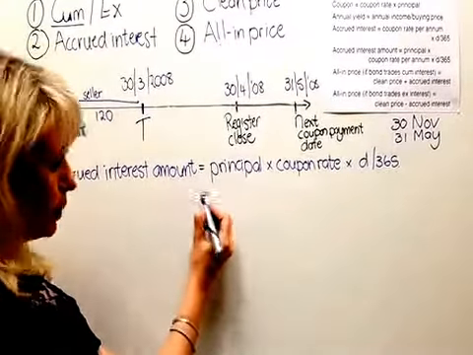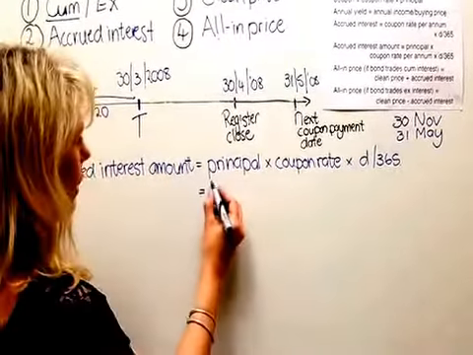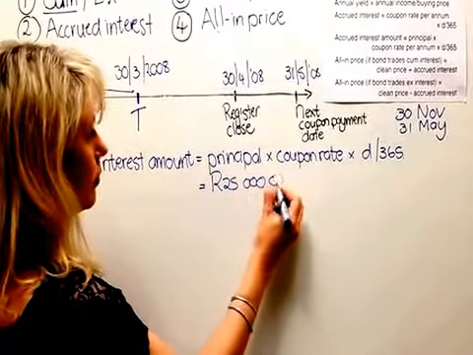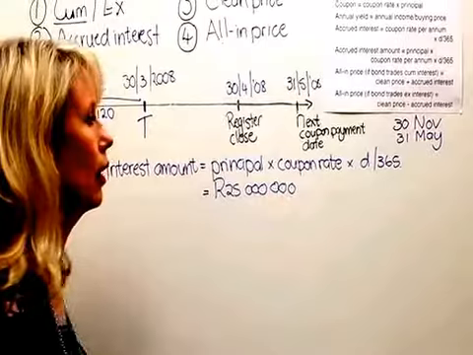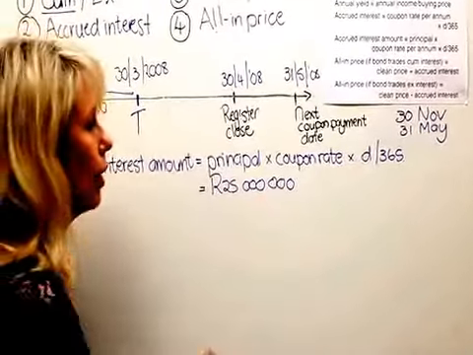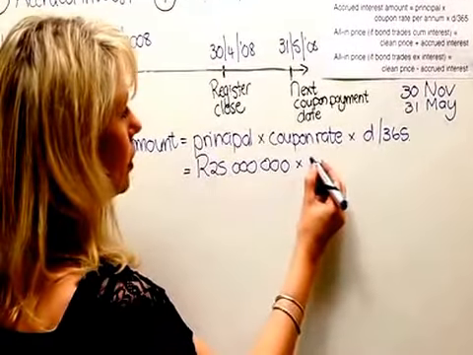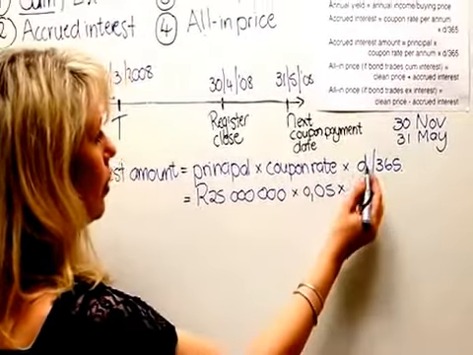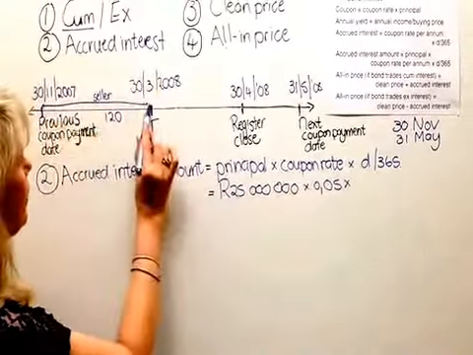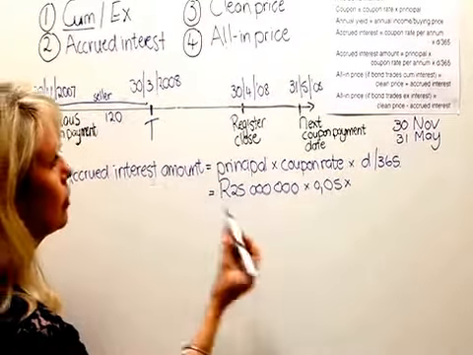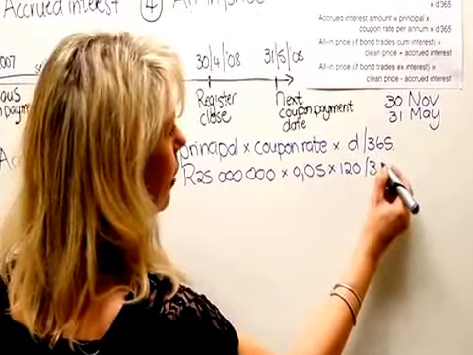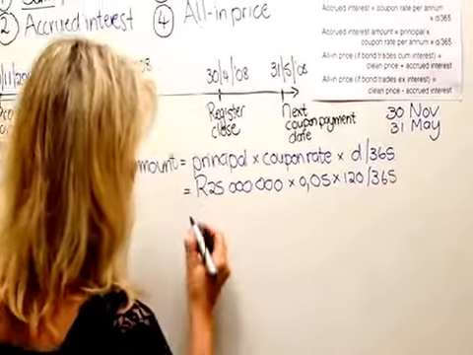So the principal of bond A is 25 million. The coupon rate is 5%, so 0.05, and the number of days is this 120 days for which we have to calculate accrued interest. So it's 120 divided by 365.